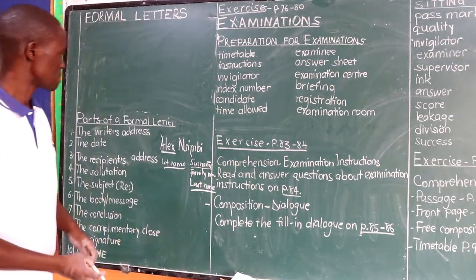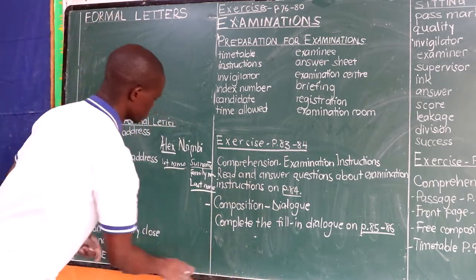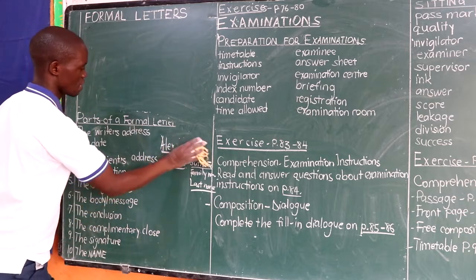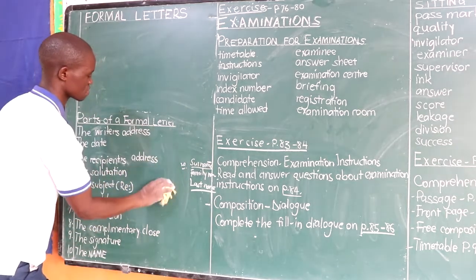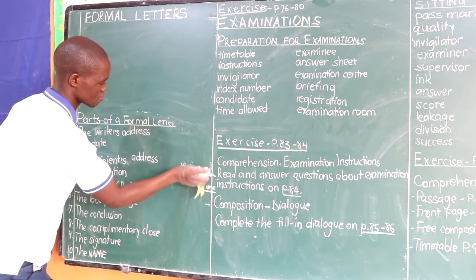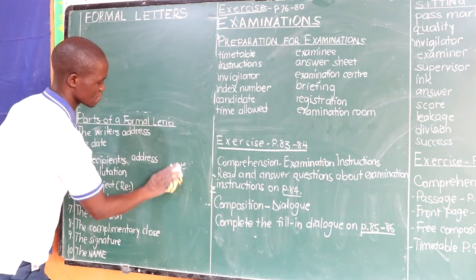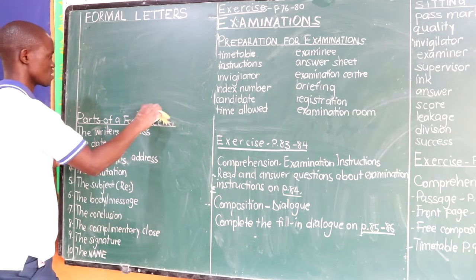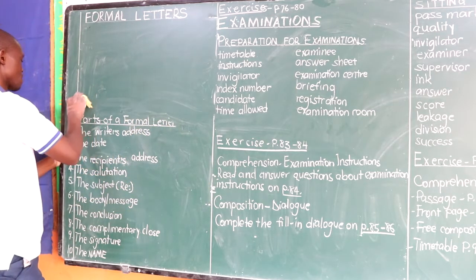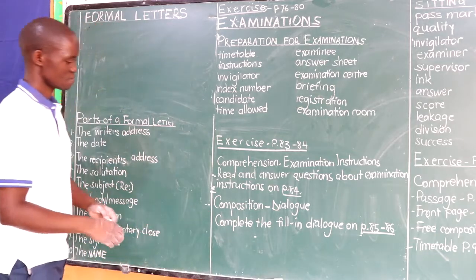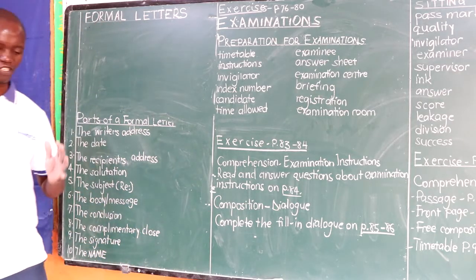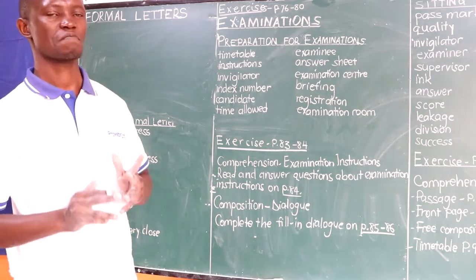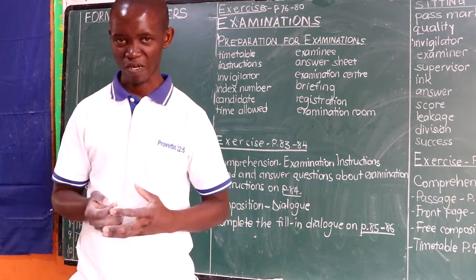Each letter, be it official or formal, has specific parts that it is made up of. Similarly, a formal letter has its specific parts. If you are to get the 10 marks about letter writing, you need to master these parts.